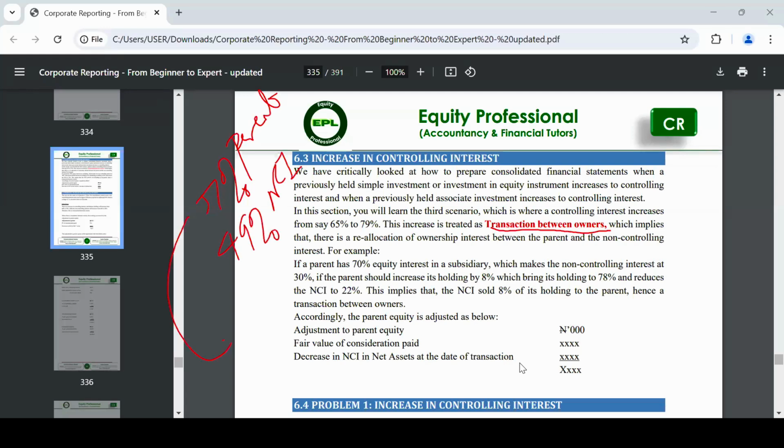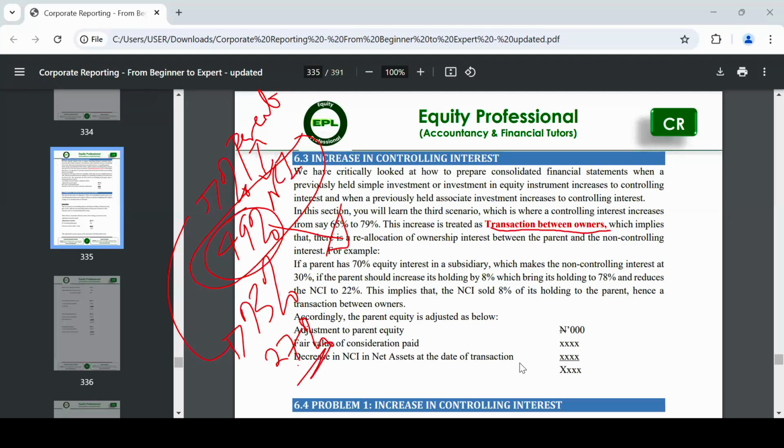If you then now have 73%, it can only mean one thing. Out of the shares that used to belong to NCI, you got 22 additional shares from them. So this transaction is between parent and NCI, meaning now that NCI will be only 27%, because if you take 22% out of 49%, what you have left is 27%.